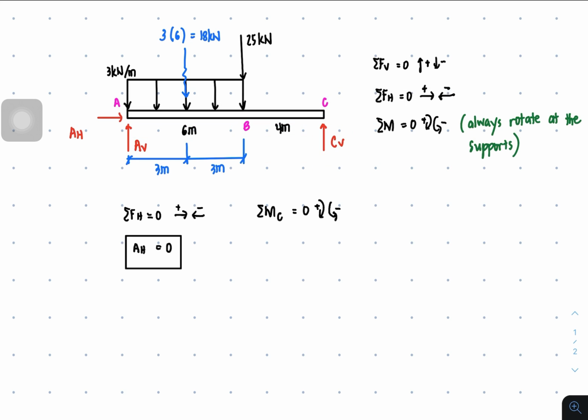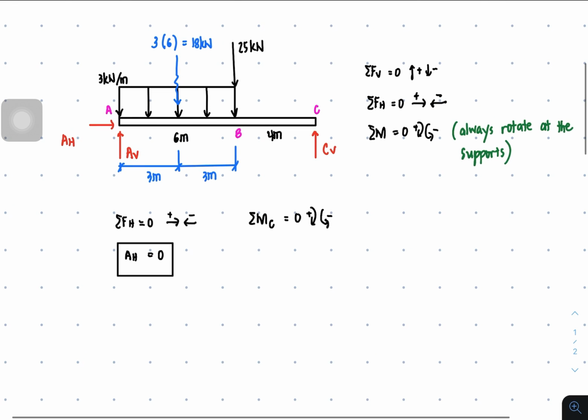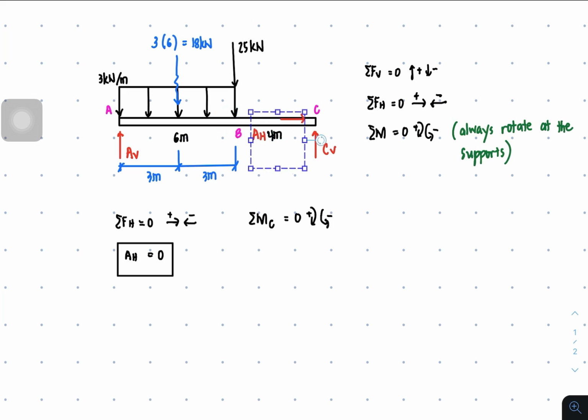Okay. So what are the forces that cause moment? So all the forces that are found away from point C, meaning not at point C. For example, although AH is not placed near point C, but actually AH will actually just pass through C by principle of transmissibility.